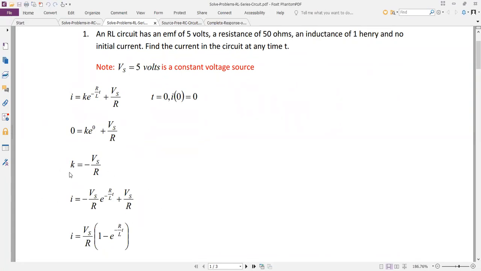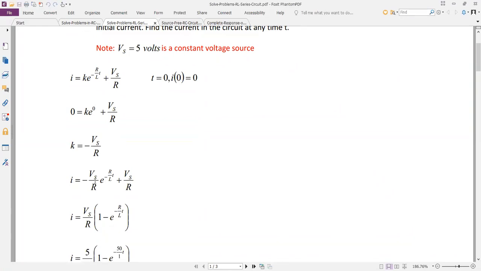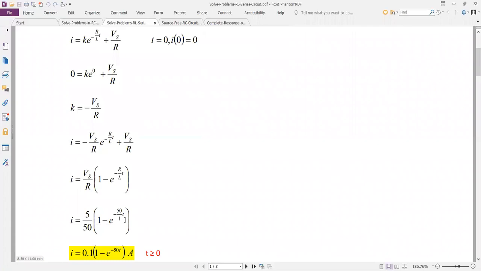We just took the K constant value, which is negative Vs over R, and we just substituted it back on the original equation where it is not yet specified. So I place it in here. Then if we factor out the common in the two terms, which is Vs over R, then this is our final formula.